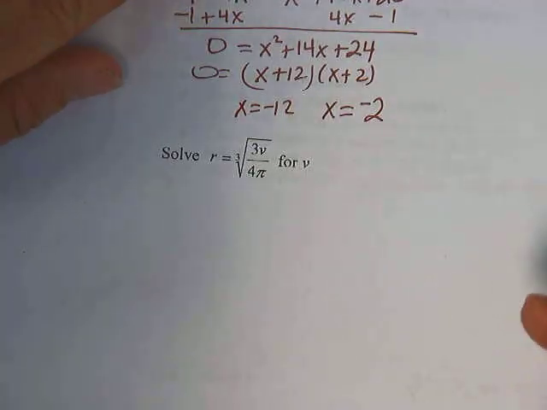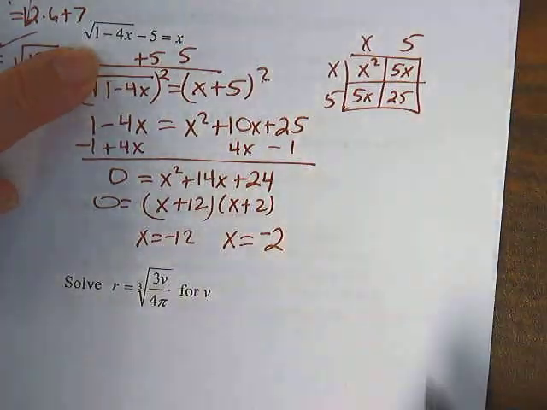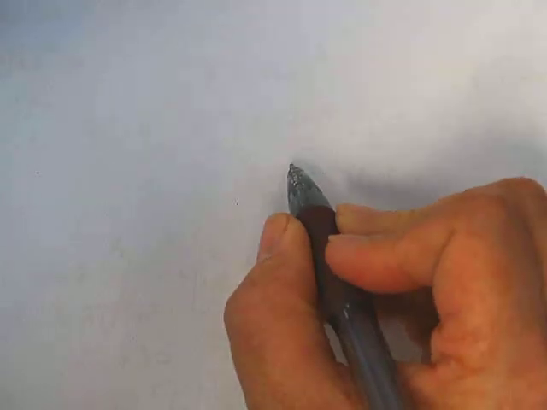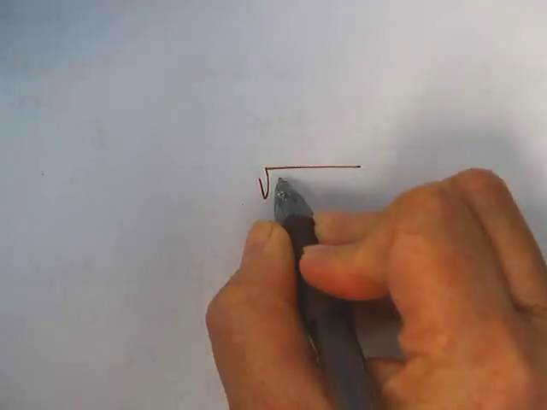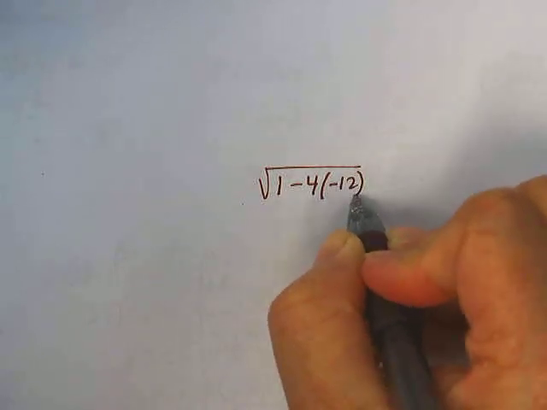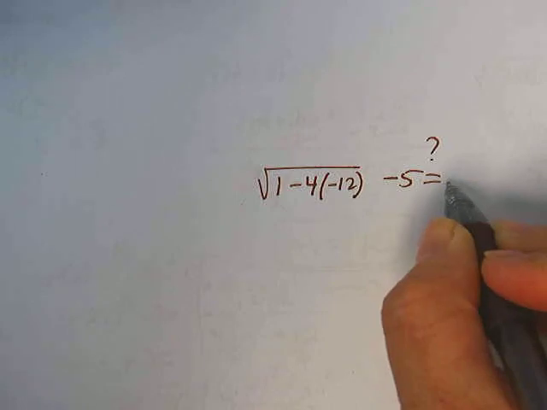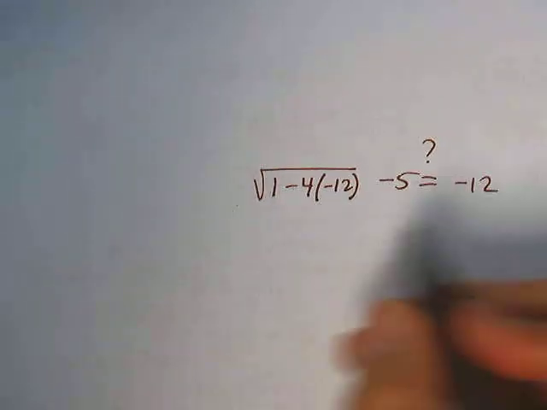So that means we have to check both of them in the original equation. And I'm actually going to do this lower down on the page just so you can see what I'm doing. So we had the square root of 1 minus 4 times x. So I'm going to put in the negative 12 there. Minus 5, does that equal x, negative 12?